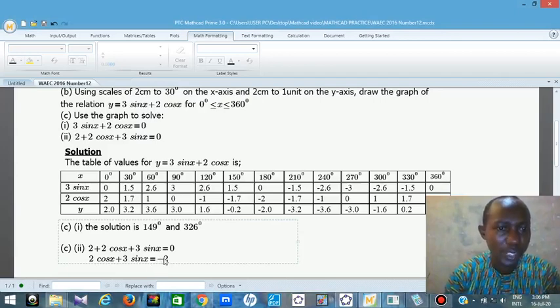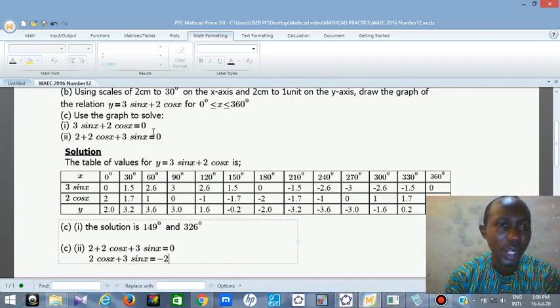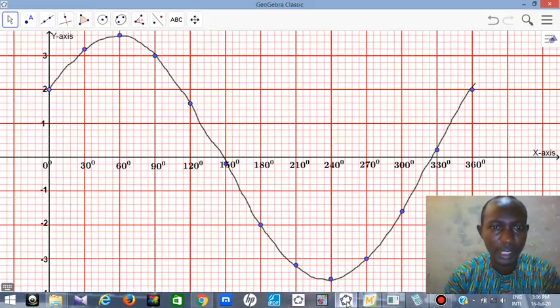So since it's equal to minus 2, all you need to do is go and check when y is minus 2. Remember the first one we saw, we said when y is 0, what is the value of x? So it is the point where the graph crosses the x-axis. Now, what is the value of x when y is minus 2? So take note of that. So I'll just go to my graph.